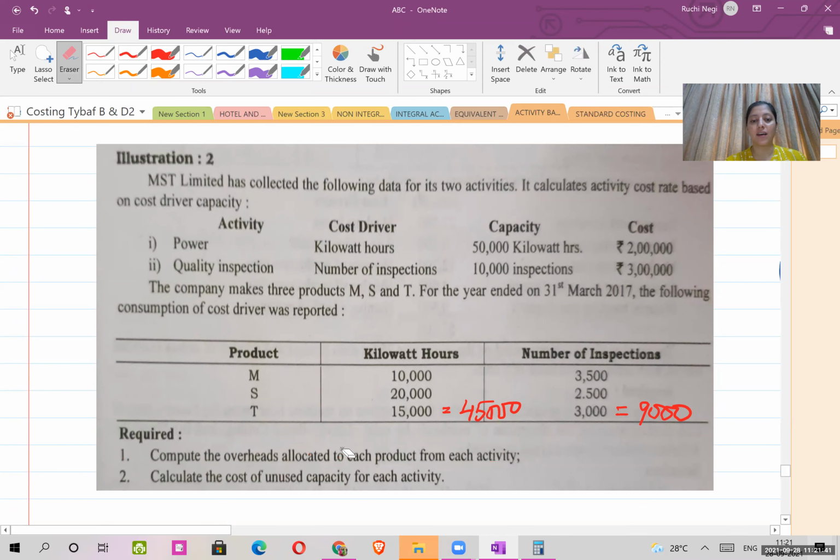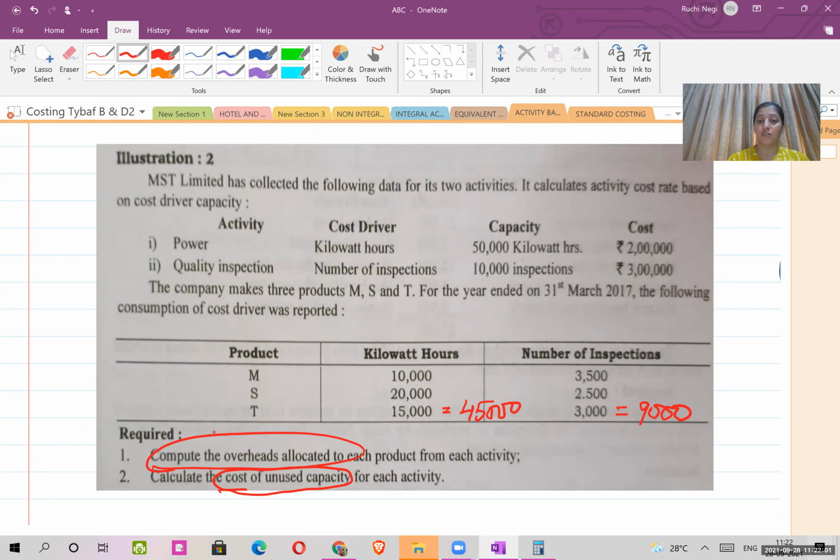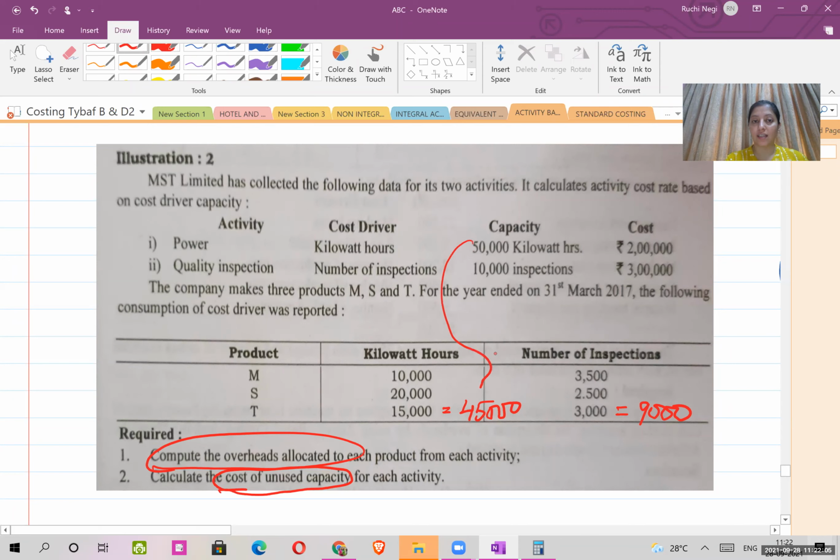Okay, ये हो गया. फिर next they want us to also calculate further the cost of unused capacity of each activity. जो use किया है उसका तो मैं ये बना दूंगी, overheads statement बना दूंगी, but जो unused है उसका भी एक statement बनाना है. So got the difference that I was talking about, वो unused वाला. So there is 5,000 का difference.